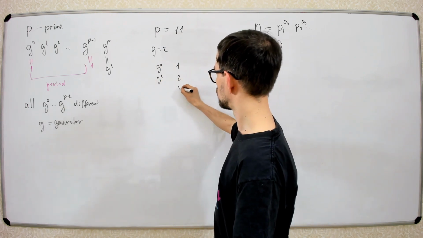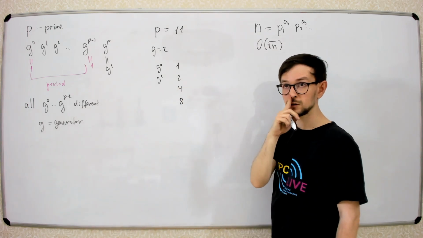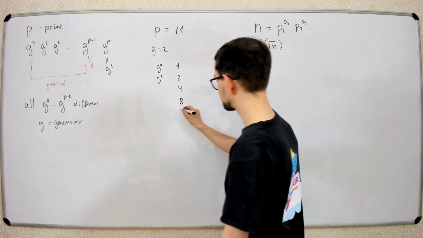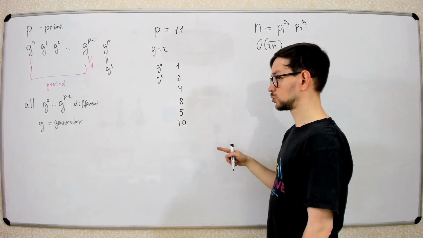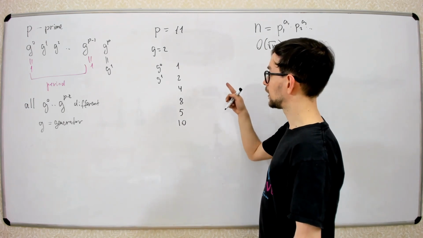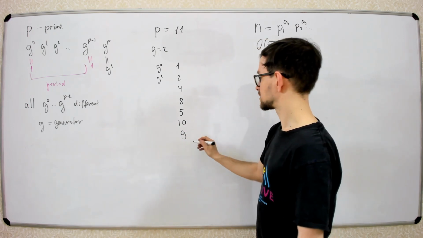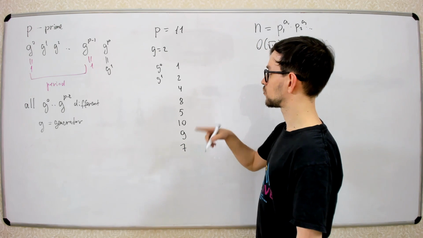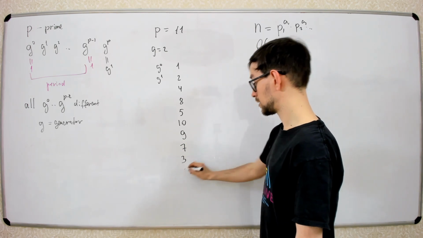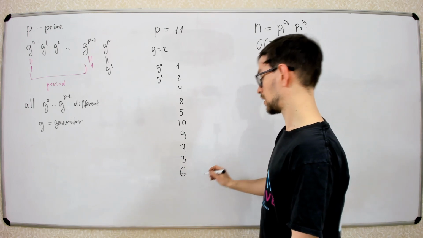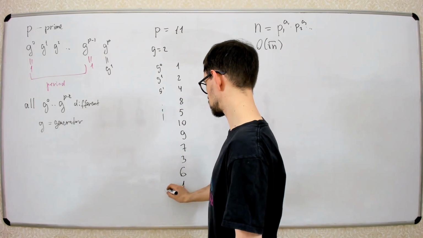So we have 1, 2, 4, 8. Then 16 modulo 11 is 5. Then multiplying by 2 we have 10. Multiplying 10 by 2 is 20, modulo 11 is 9. Then 18 modulo 11 is 7. 7 times 2 is 14, modulo 11 is 3. Then 6, and 1. This is g power 10.